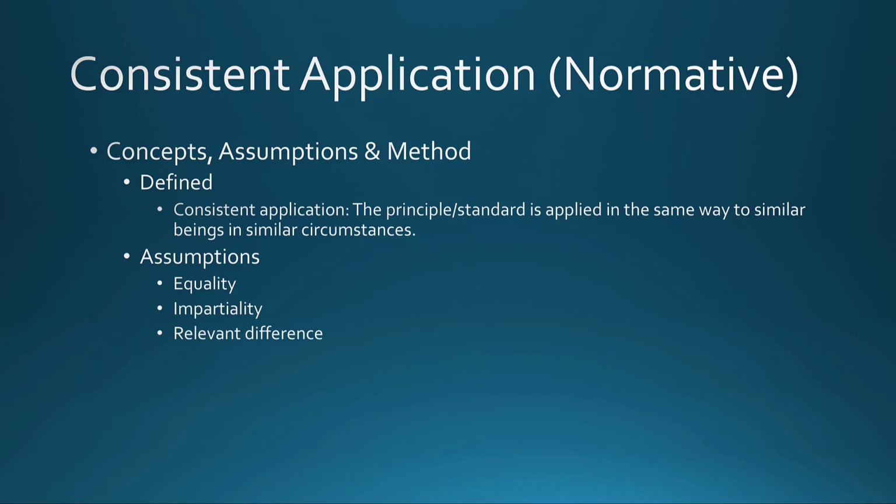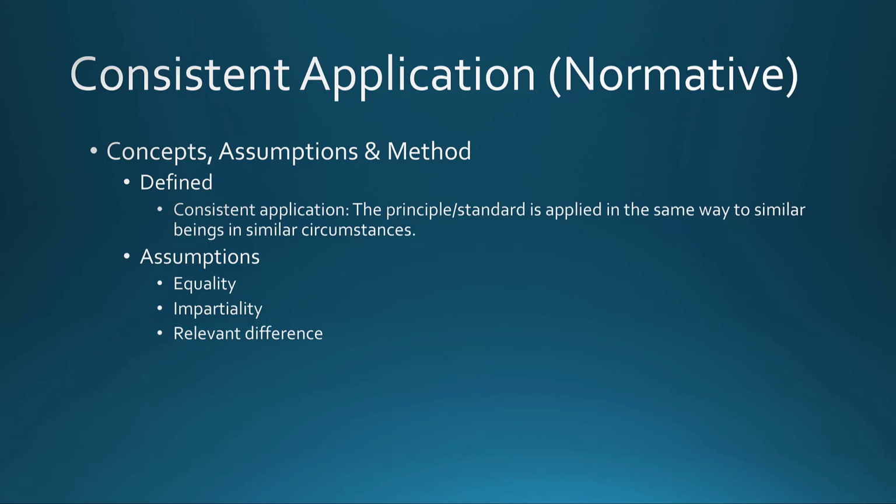Otherwise, one is being not consistent, one is being inconsistent. And all three of these can, of course, be challenged. And if one is able to show that there's not equality, that impartiality should not be accepted, or that relevant difference should not be accepted, that would undercut consistent application.